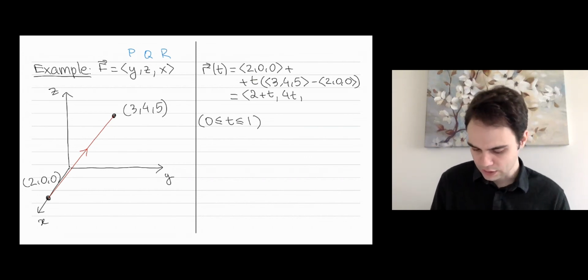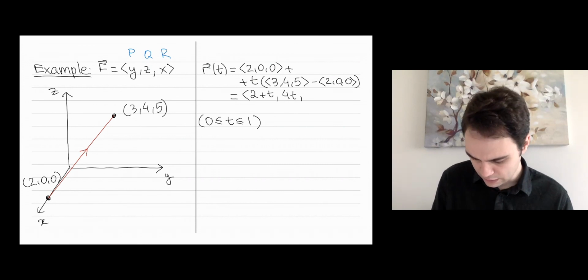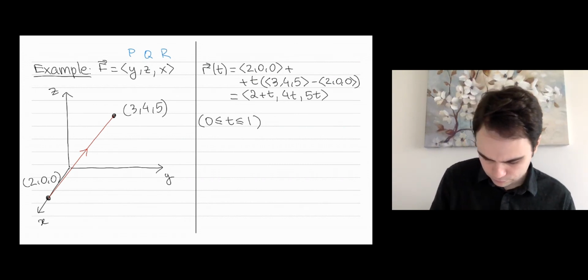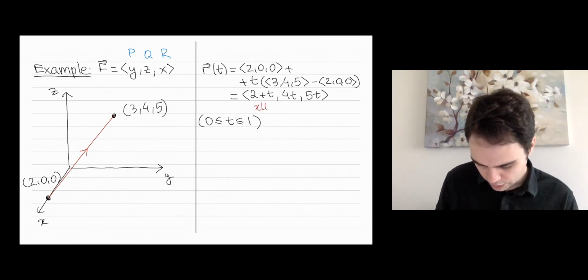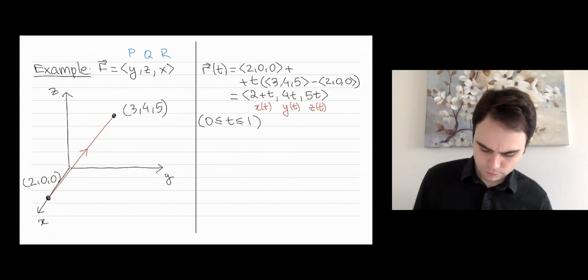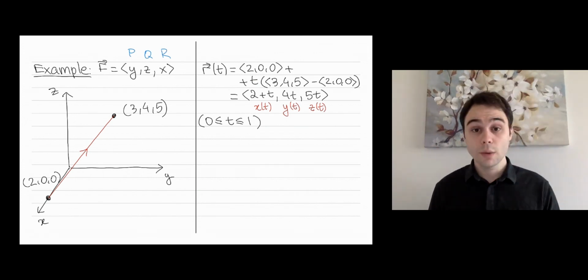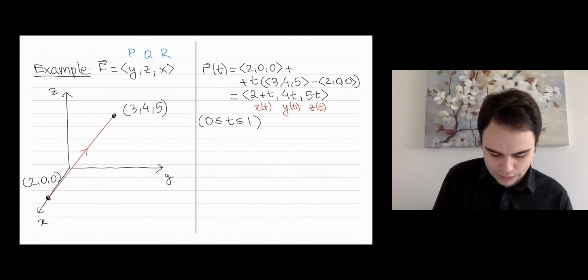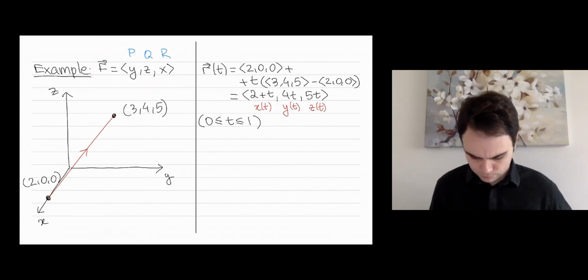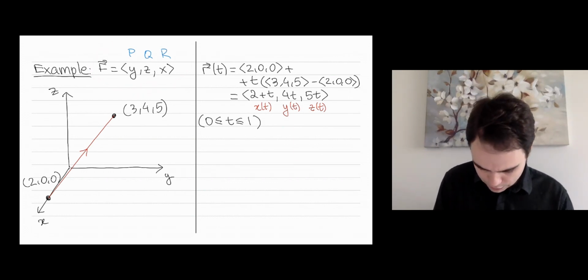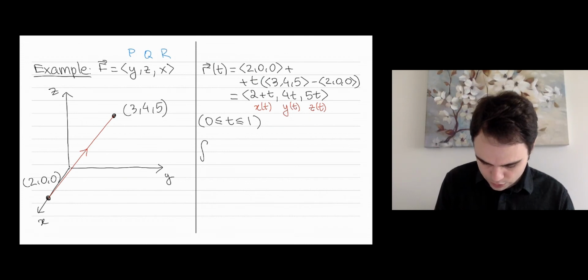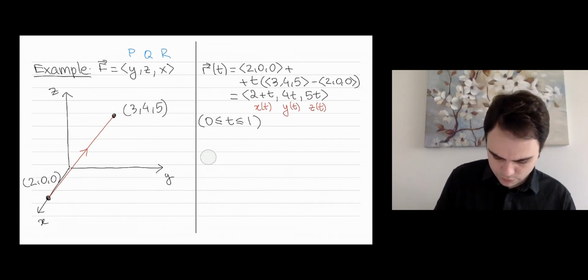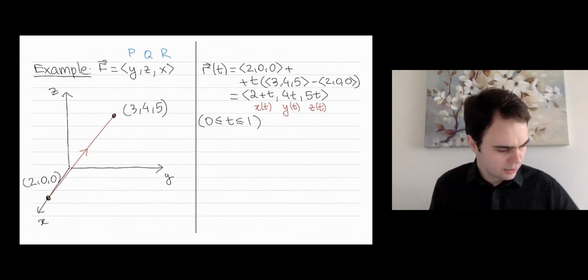And the z component is 0 plus t times 5, that's 5t. So over here I have x in terms of t on this line, y in terms of t, and z in terms of t. And equipped with this parameterization, we're ready to compute this integral. So we're integrating, let me move, how much room do I need?